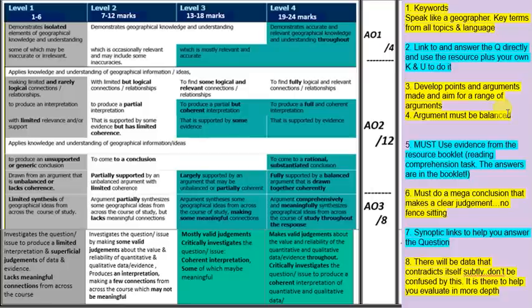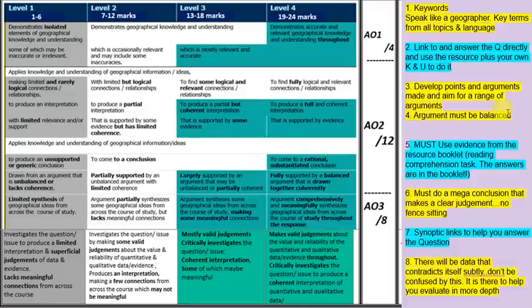However they word it, my best advice and tip is just reword the words from the question. If they are saying, evaluate the strengths and weaknesses, then just use their words. One significant strength is this. However, on the other hand, the most significant weakness is this.